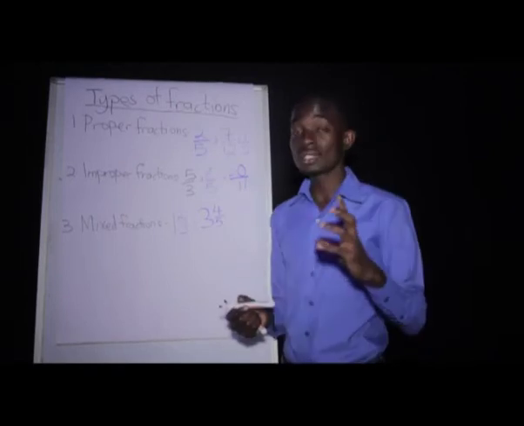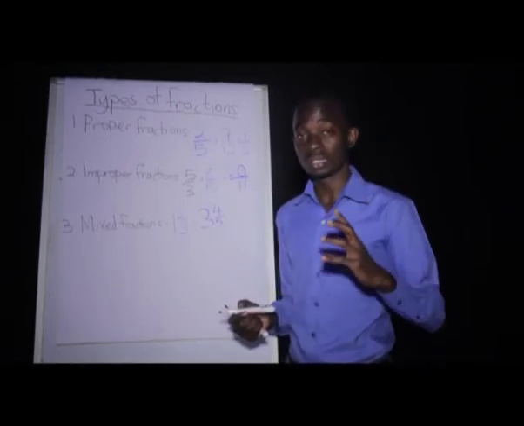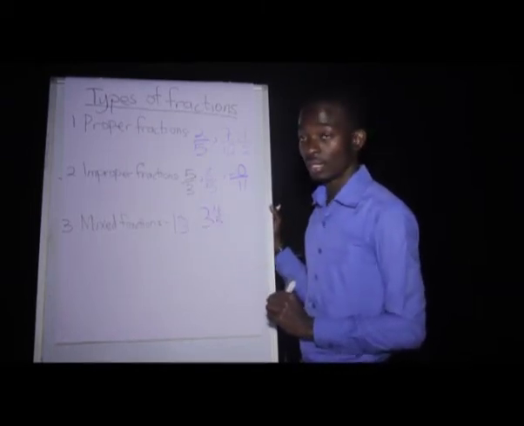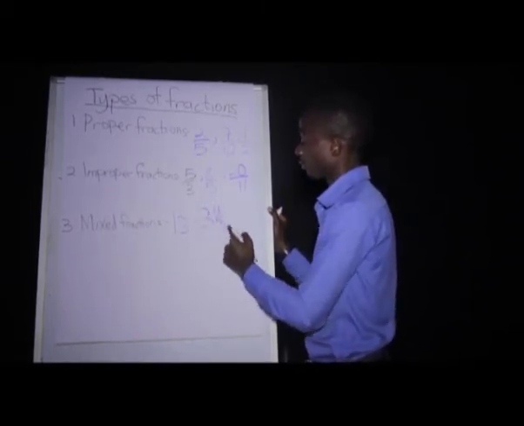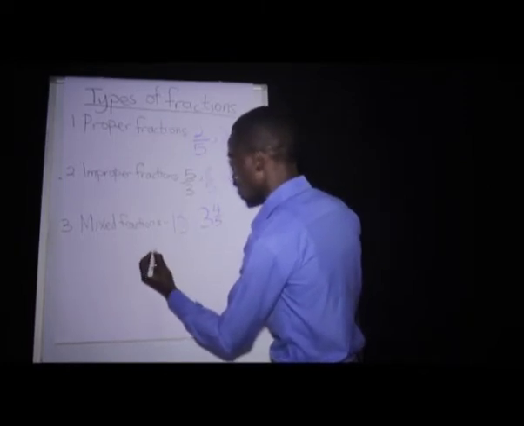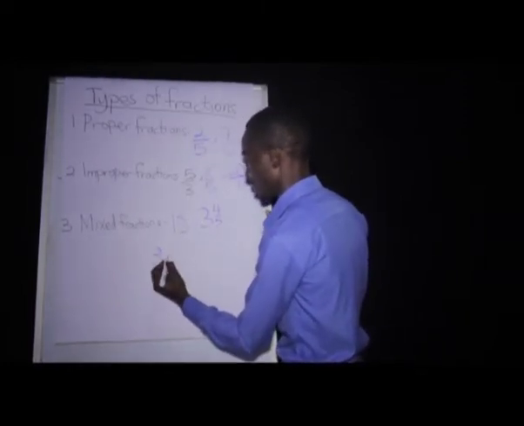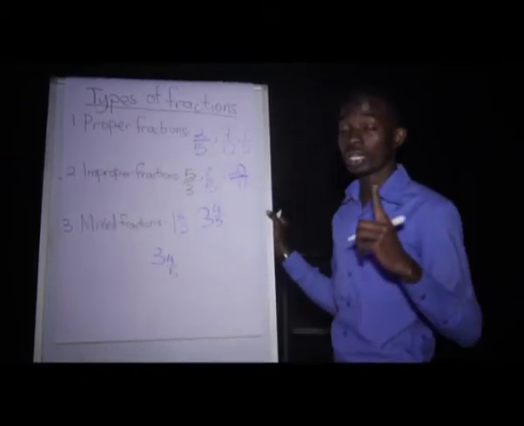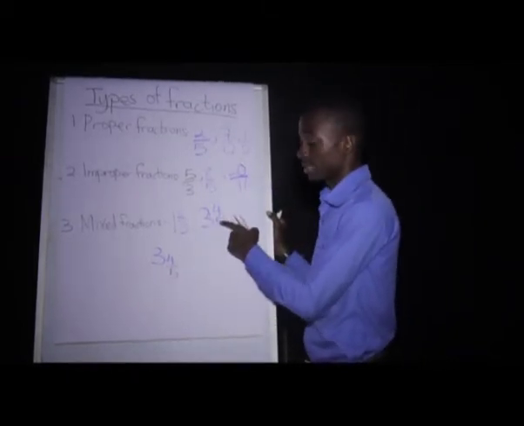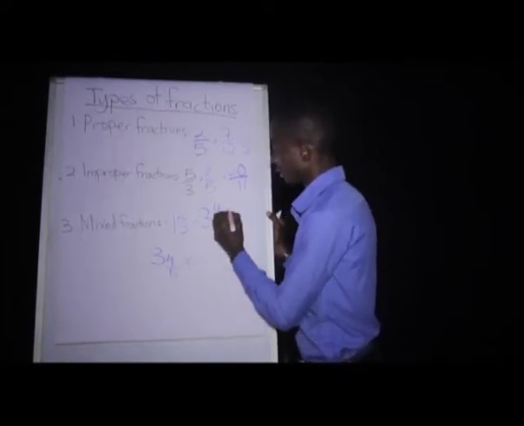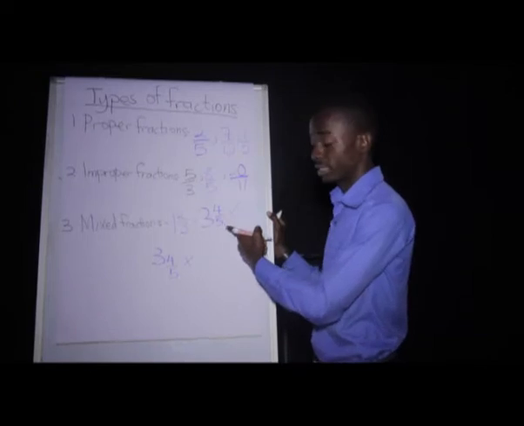Now, a mistake which majority of the students make is when they are writing this, they put it at the same level of the 3. So instead of writing 3 whole number 4 out of 5, they write it in this format. Now you must be very careful. This is not the same as this. So this one is wrong and this one is the correct way on how to write it.